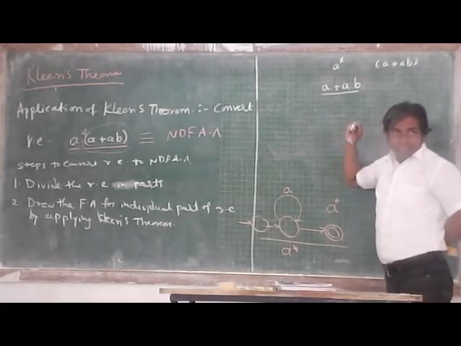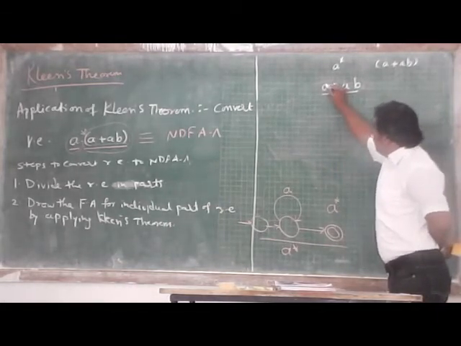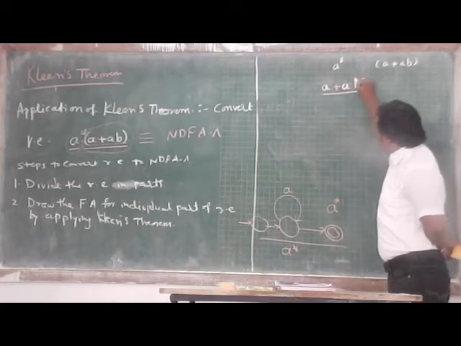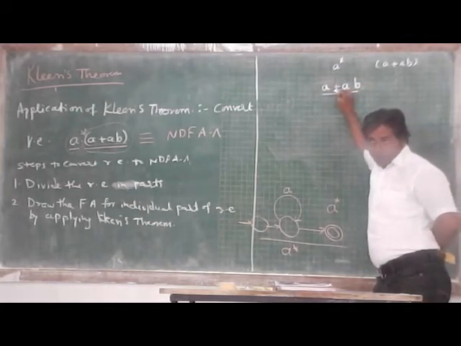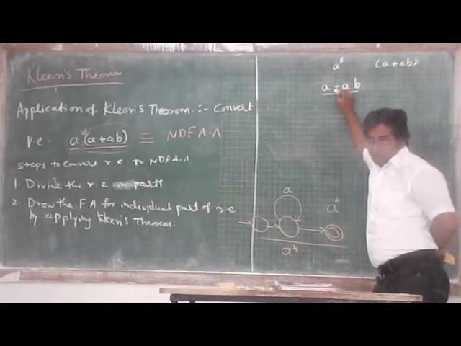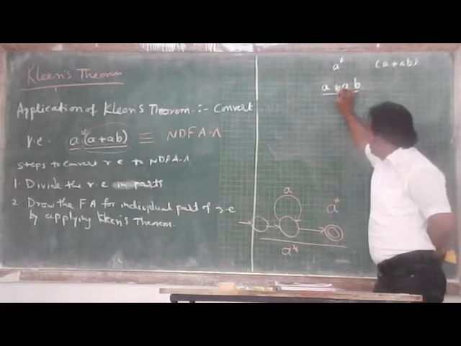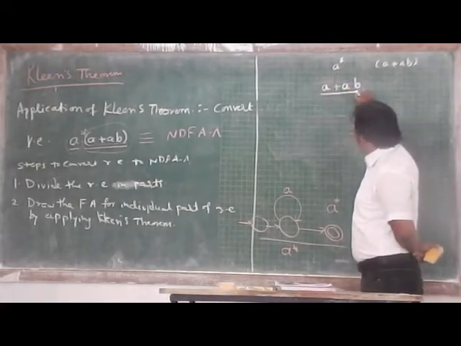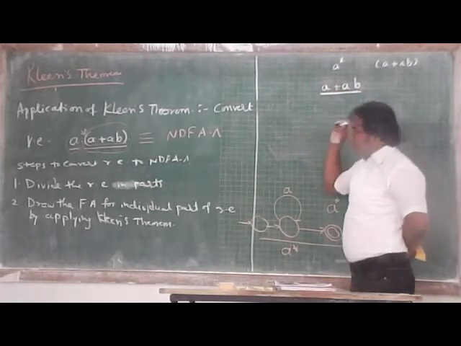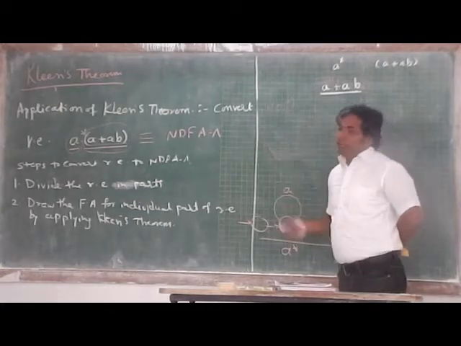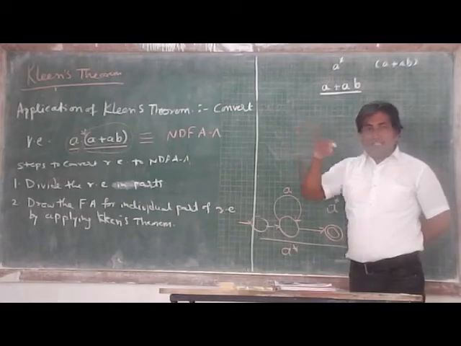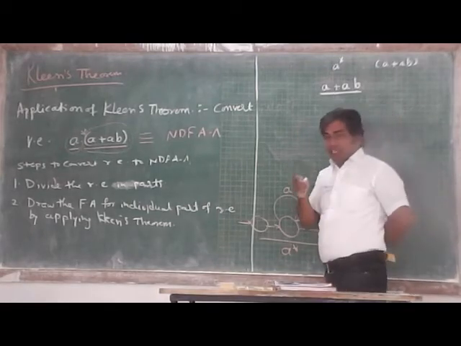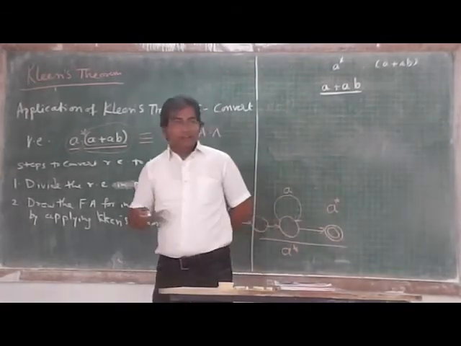So these two regular expressions, A and AB, are operated over OR. Between A and AB is OR. So we can consider this regular expression and draw a finite automata using Kleene's theorem. The concatenation part is also covered in the third case.